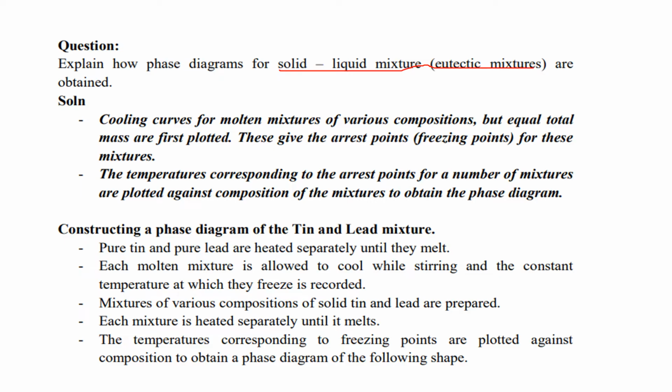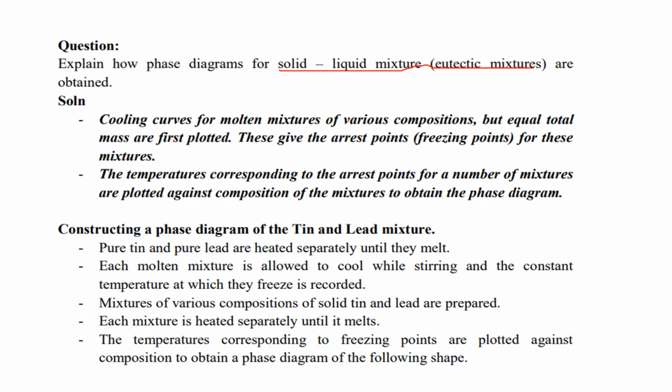Remember that for these phase diagrams, we need to get the arrest points or freezing points of, first of all, the pure components. After getting the pure components, you mix various mixtures together, but you make sure that they're of equal total mass. You melt them, and you also get their cooling curves.